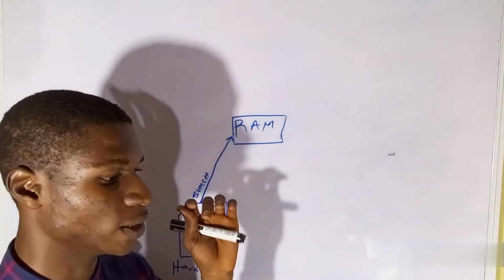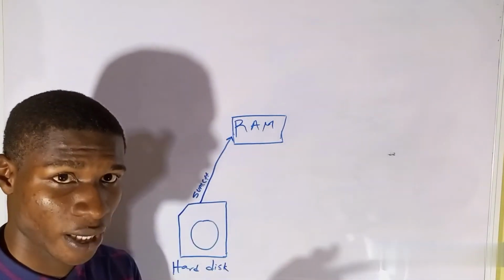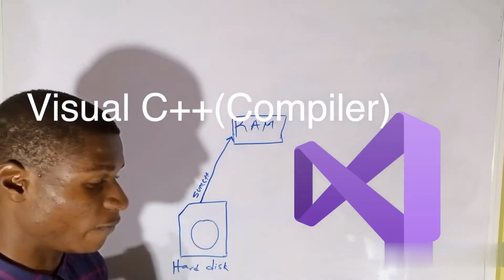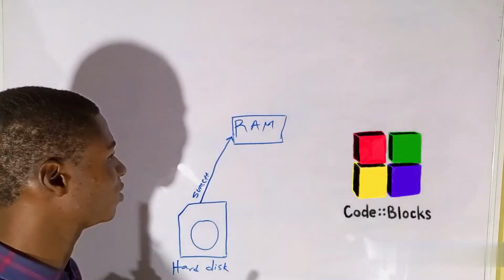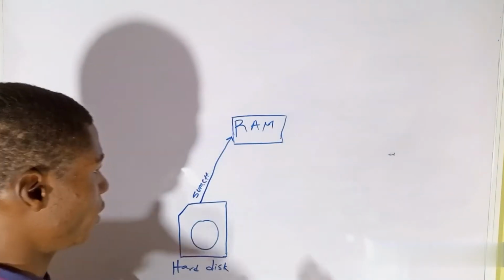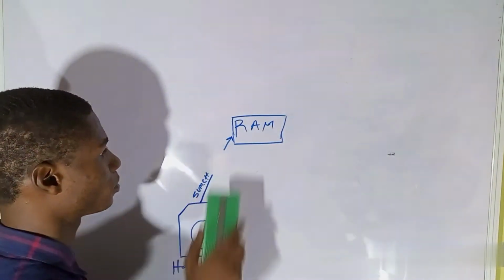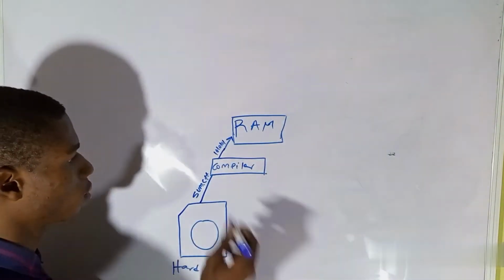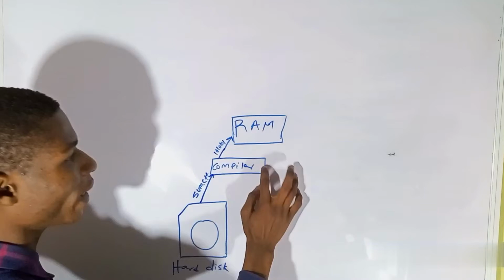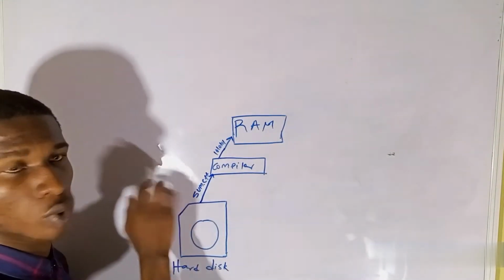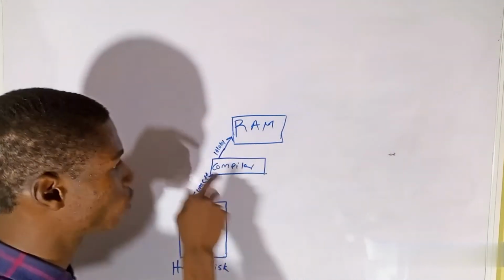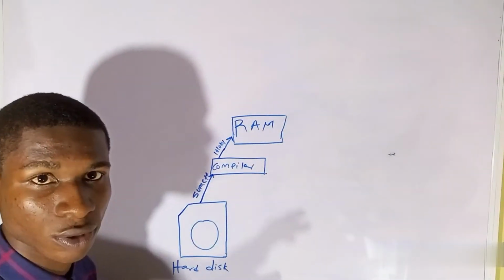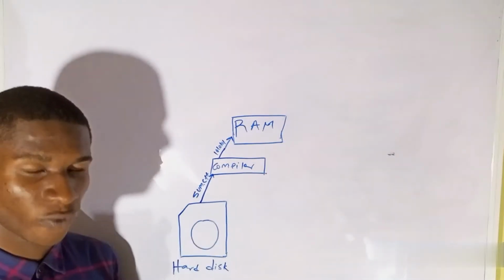So we need software to help us with that, and in this case, we can use probably Visual C++ or Code::Blocks for this. The compiler takes the C++ code and compiles it to machine code so that the RAM can store it. So I believe that is straightforward.